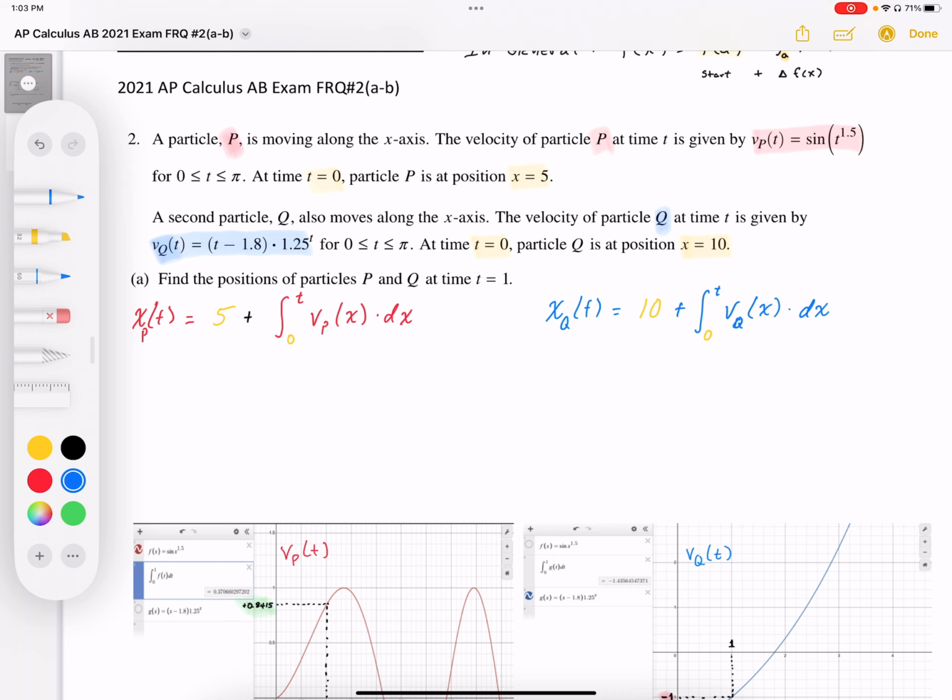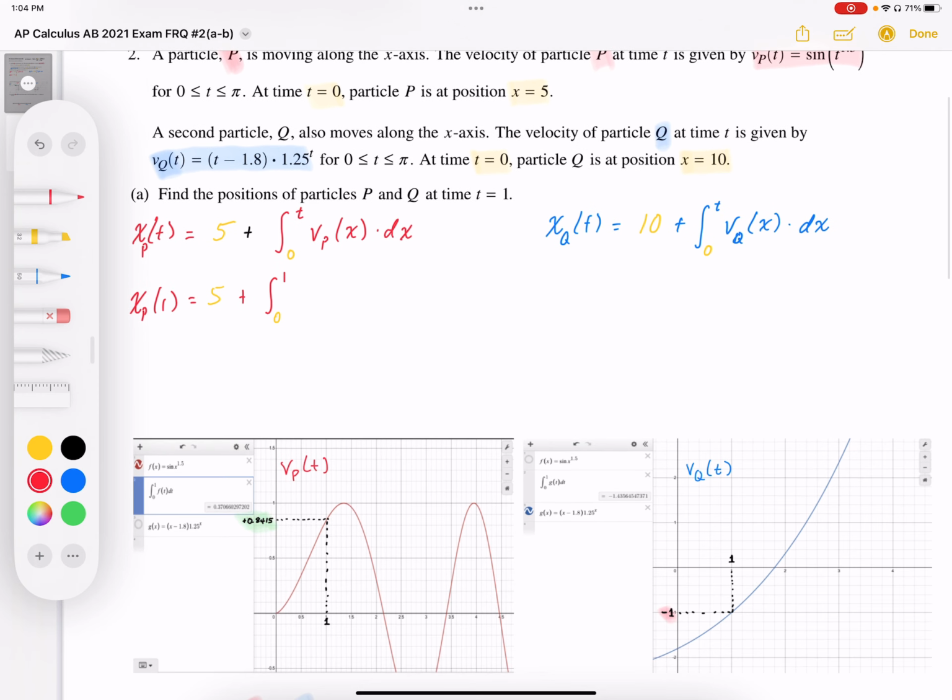Now we want to find this for t equals 1. So I'm going to do this for x of P at 1, which is equal to the starting position of 5 plus the area under the curve from 0 to 1. That area that we're going to find is this area here.